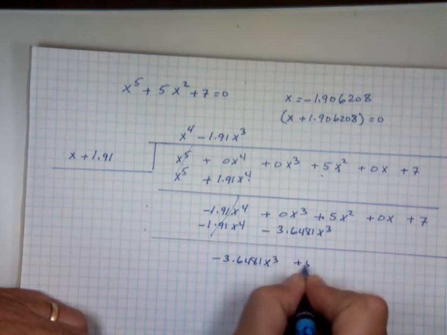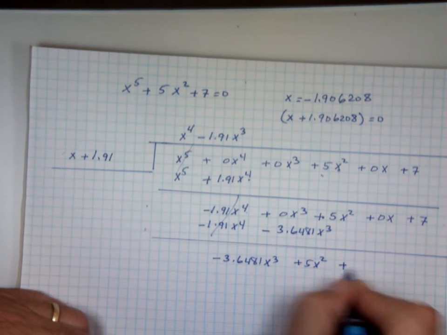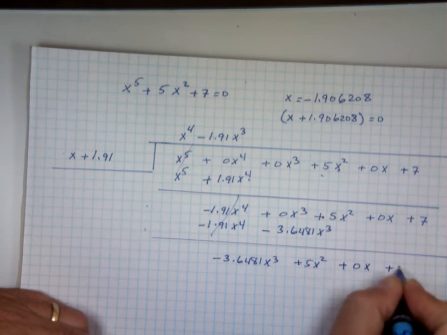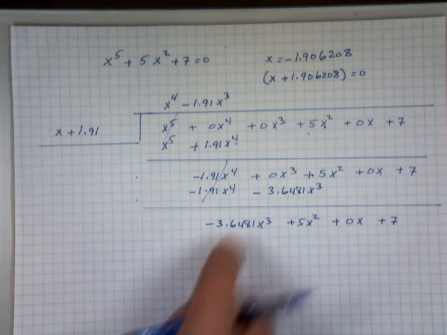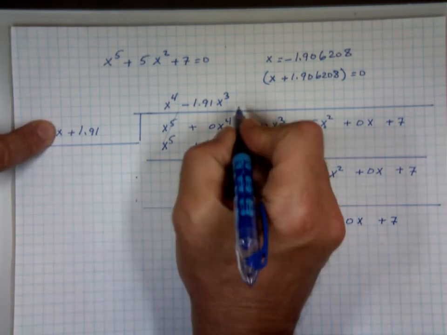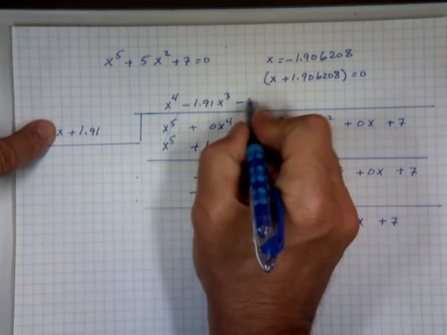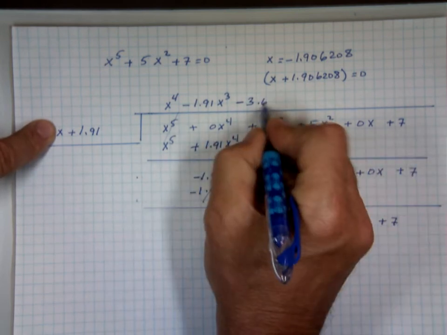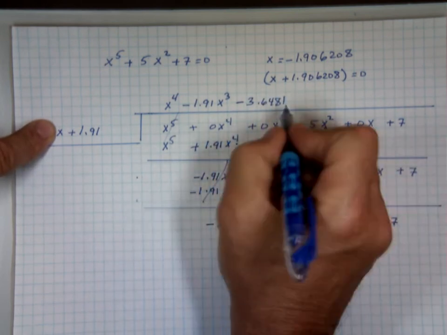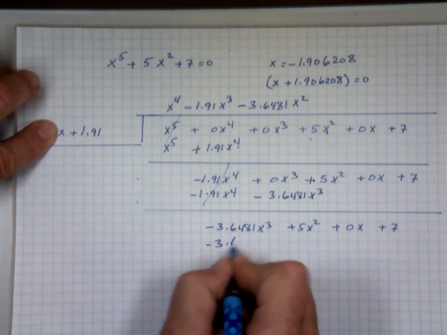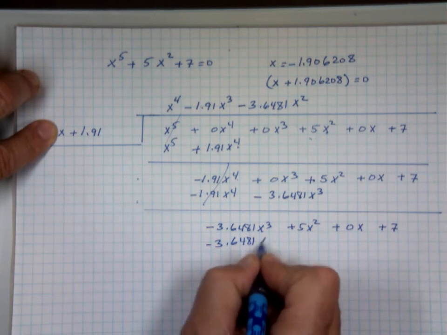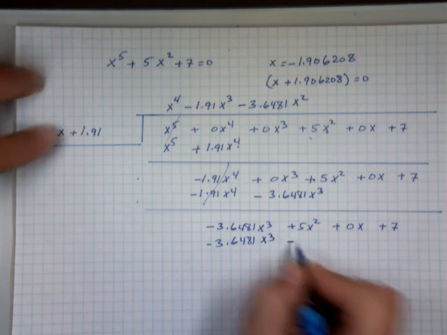Why did I pick that problem? Now divide this by x. That's a negative 3.6481 x squared. Multiply it by this. This will be a minus. I rounded up there.